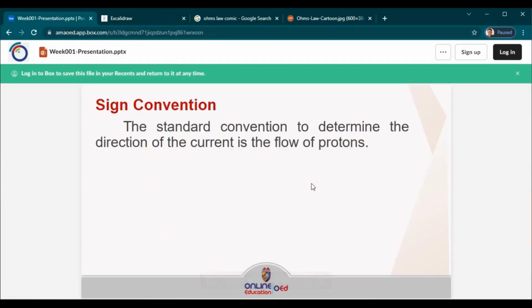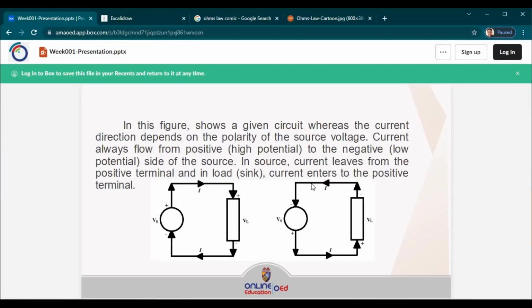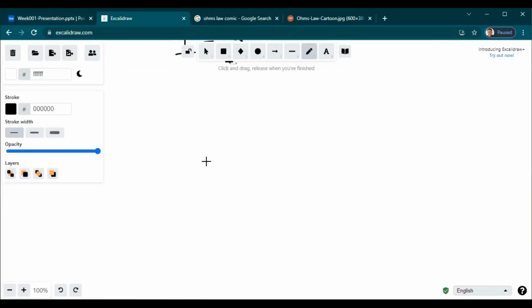Next, sign convention. The standard convention to determine the direction of the current is the flow of protons. What does this mean? I'll try to explain. For example, we have a voltage source in here, and a circuit with a load resistor.